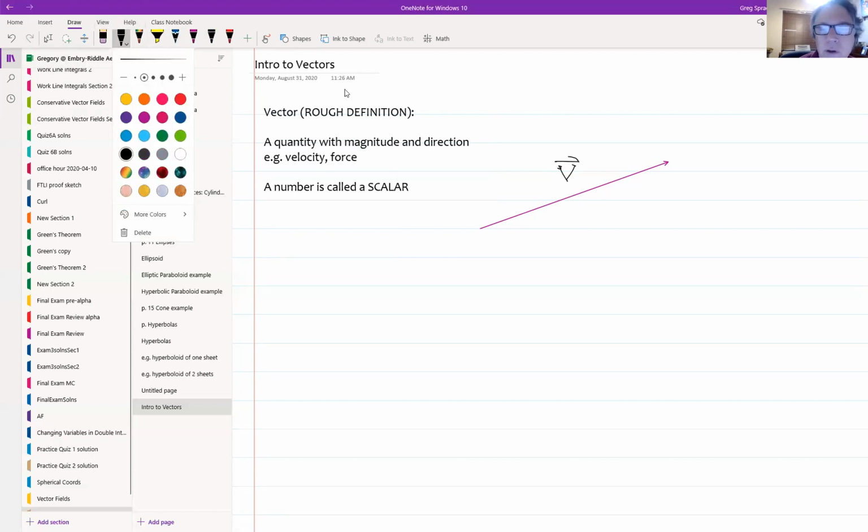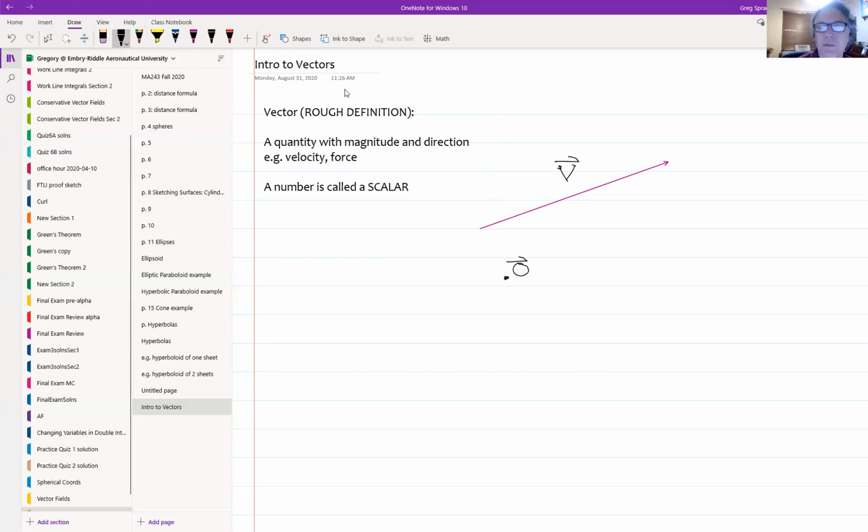Now, there's one vector that doesn't look like that, and that is the zero vector. And the symbol for that is a 0 with the vector symbol. And my computer just went black for a second. So that was fun. Okay. So that is a zero vector.